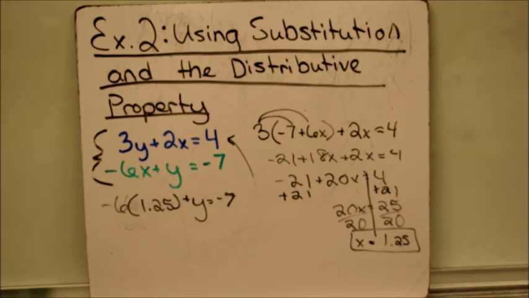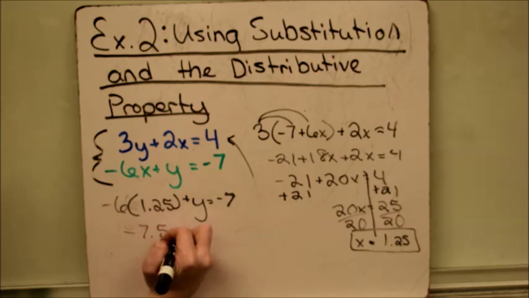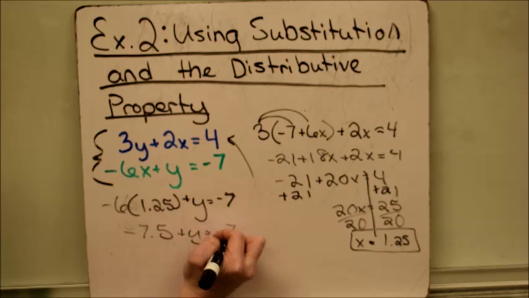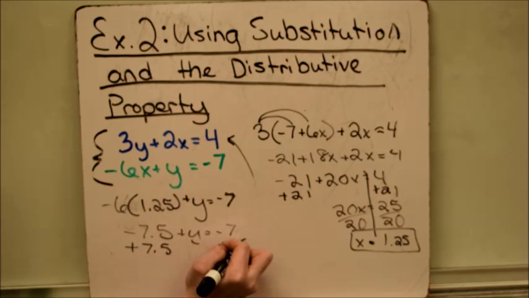So negative 6 times 1.25 equals negative 7.5 plus y equals negative 7. And we're going to add 7.5 so we can get y by itself. Y equals negative 7 plus 7.5 will give us 0.5.